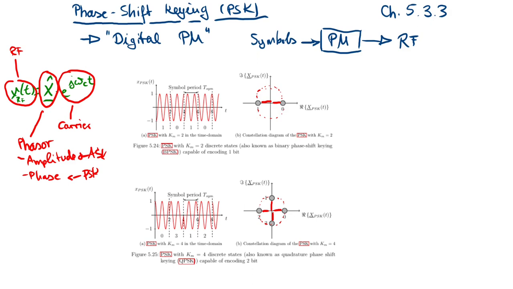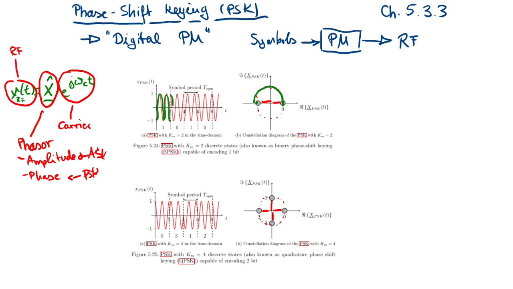So now we have a series of symbols again. Here 2 states, 2 symbol states, and we can encode 1 bit of data in 1 symbol. Now we start with 1 here with the symbol 1, and the carrier oscillates, and then here at this point the symbol changes to 0.